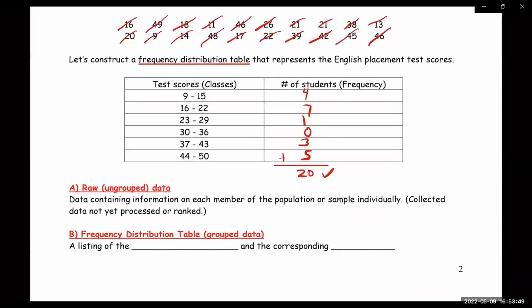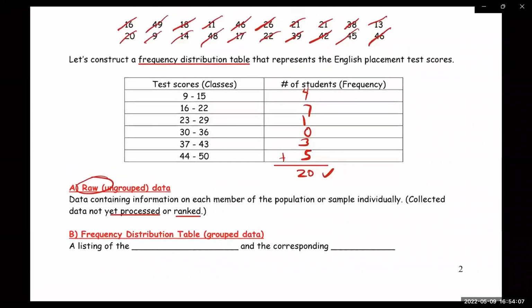All right. Raw, ungrouped data: data containing information on each member of the population or sample individually collected, data not yet processed. So if it's not yet processed or ranked, that makes it raw data.